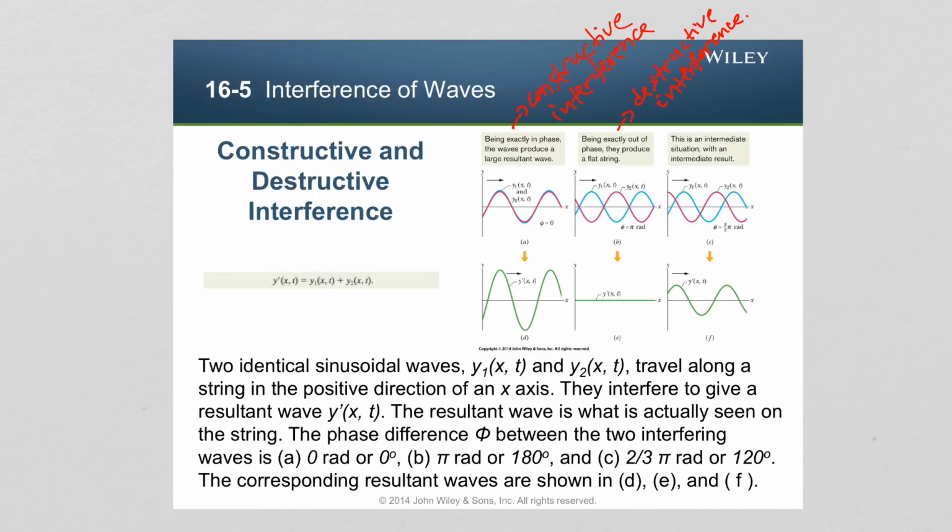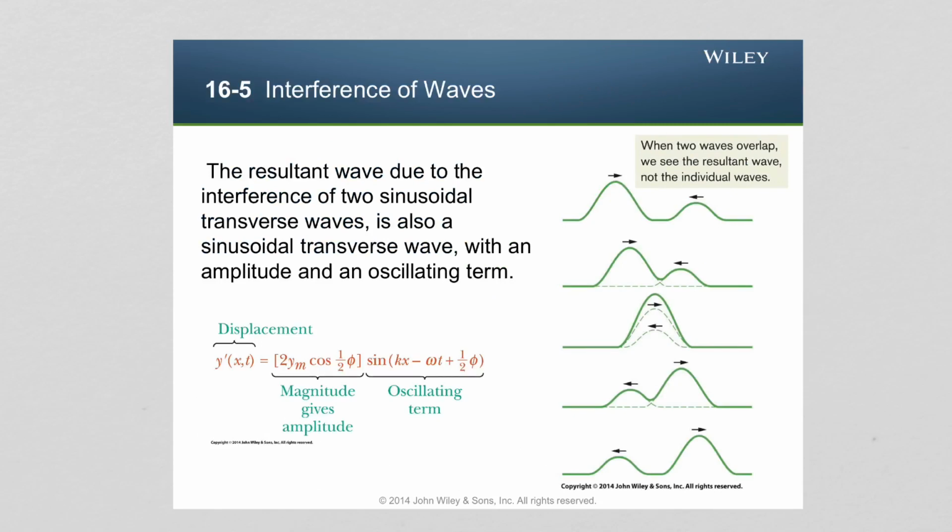And finally, the third plot here shows an intermediate result, meaning one of the waves has a certain phase and the other one is shifted by phase a little bit, and the phase angle is 2/3 pi. And so when you combine the two waves, the resultant wave has an amplitude that's determined by this phase angle as per this equation of the waveform right here.